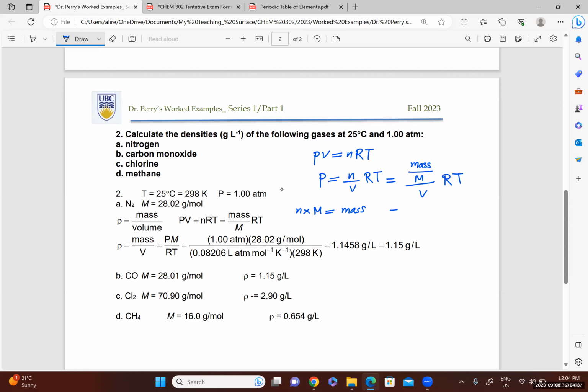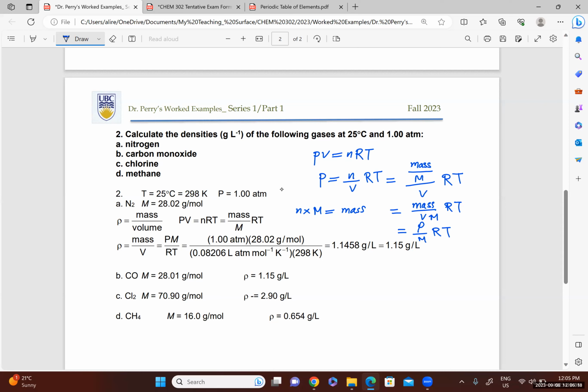So it is equal to mass over M over V, R T. This mass over V is density, so it is equal to rho over M, R T. Okay, rho over M R T. So that's really what we need here.